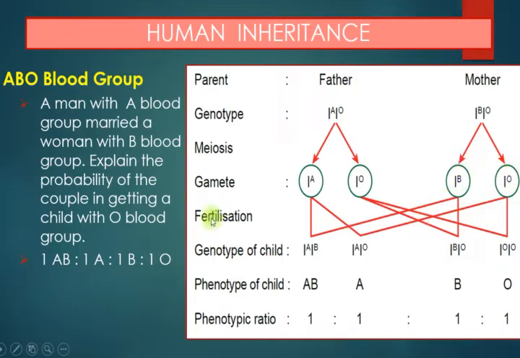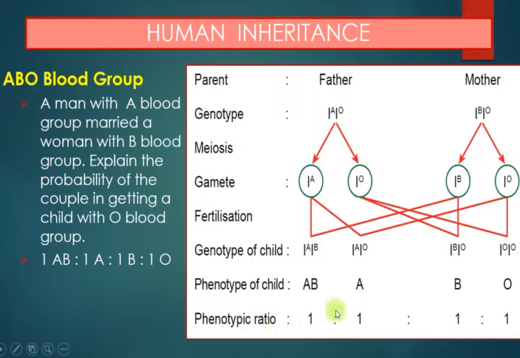Fertilization occurs, so it will produce the possible genotypes of a child: IAIB, IAIO, IBIO, and IOIO. So the phenotypes of the child are blood group AB, blood group A, blood group B, and blood group O.